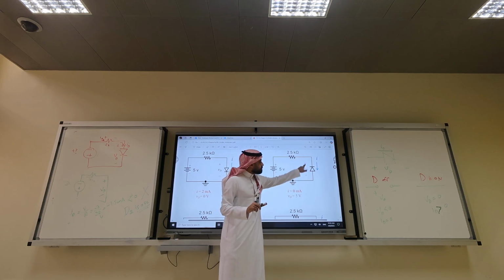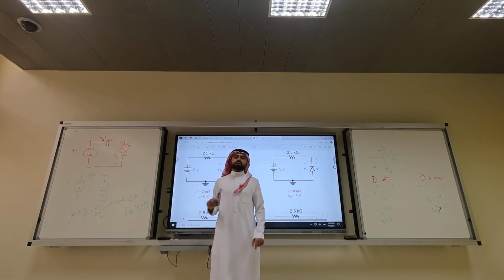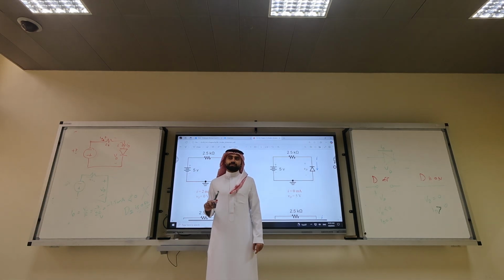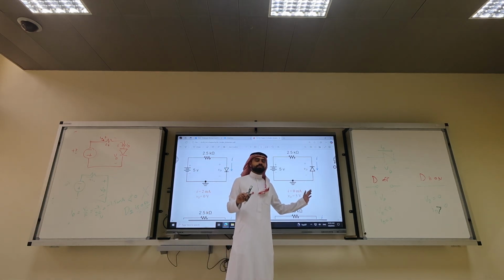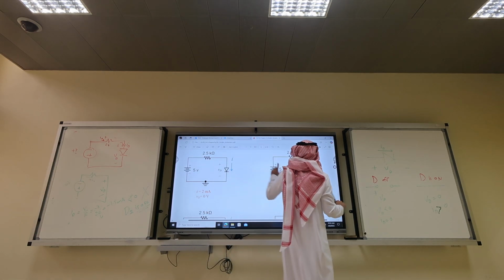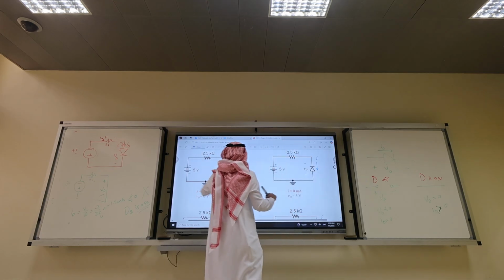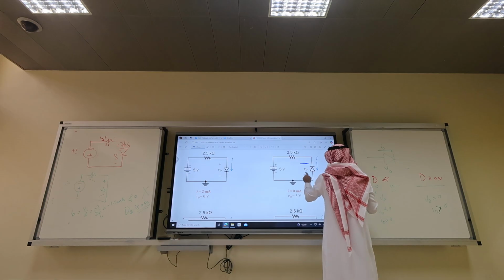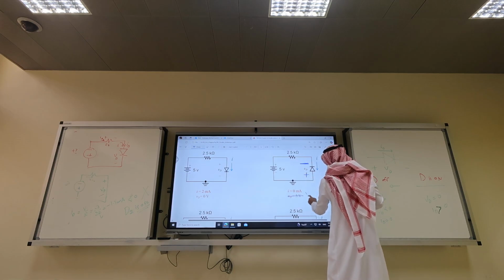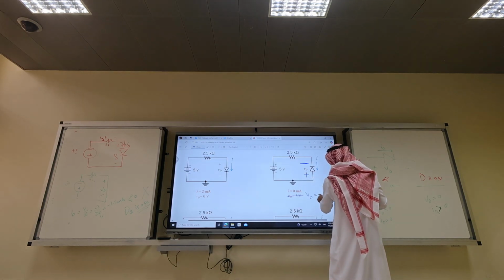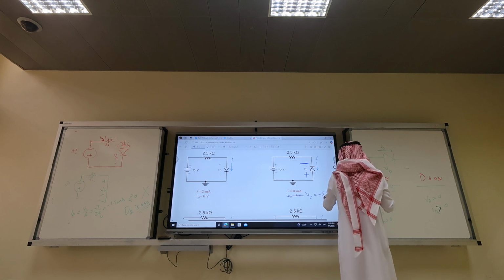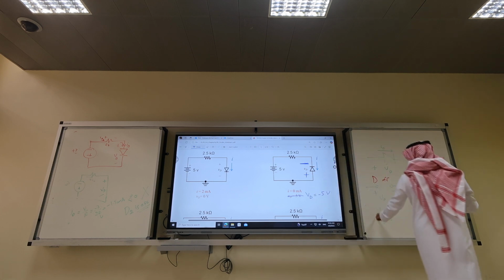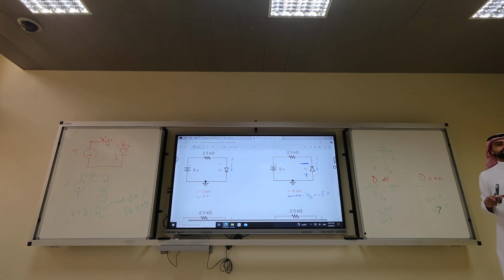Plus at the bottom, minus at the top. Then VD will be what? Minus 5. Then the diode will be off. It will satisfy that. So please, in your notes, do it this way. And VD is what? Minus 5. Now, we will satisfy the condition, the diode is off.